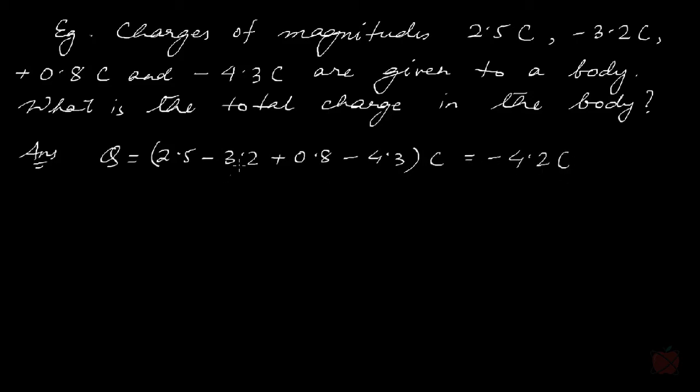Okay, so this is the concept that is going to be applicable in a later topic in this same chapter, Gauss law. So always remember that you can just add up all the charges. Suppose this is microcoulomb, then in that case you have to multiply by 10 to the power minus 6, because that is a microcoulomb. Is that clear? Okay.